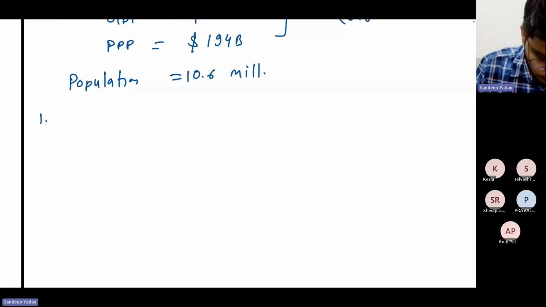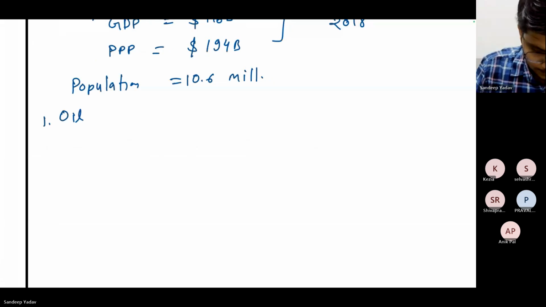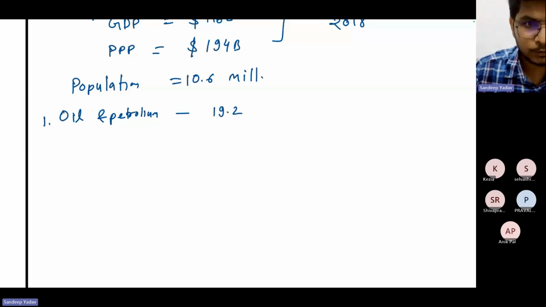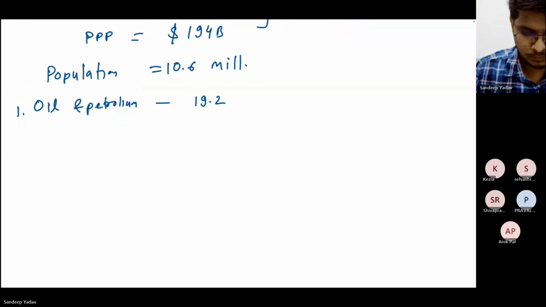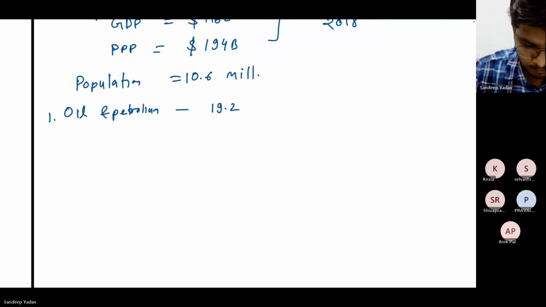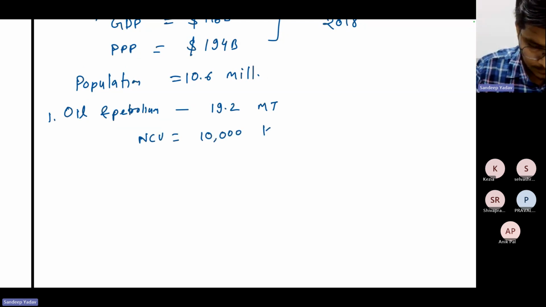Now we know the oil and petroleum is 19.2 million tons. I can write it as MT, and NCV is already given as 10,000 kilocalorie per kg.